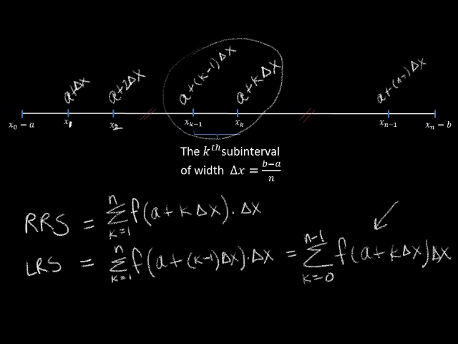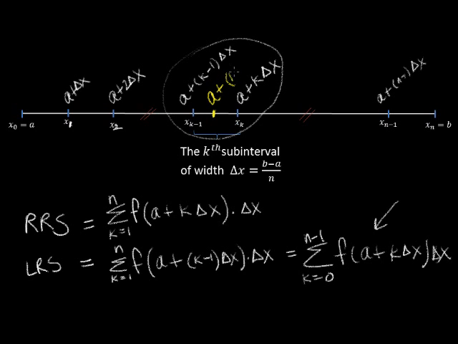Now for midpoint, I think I'll do in yellow. The midpoint, if we want to choose the middle of each subinterval, the midpoint as c sub k, we need a formula for it. Well, it's going to be a plus, now let me do it this way. I'll go a plus k jumps and back a half.